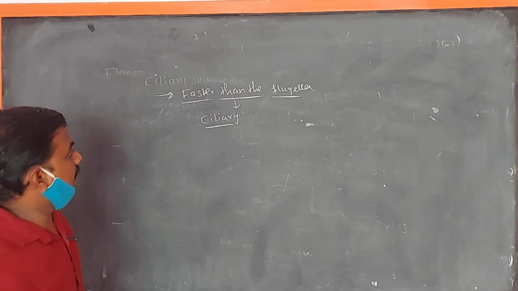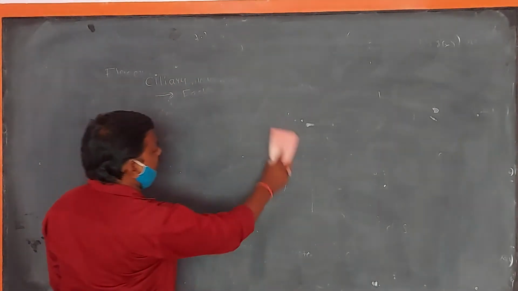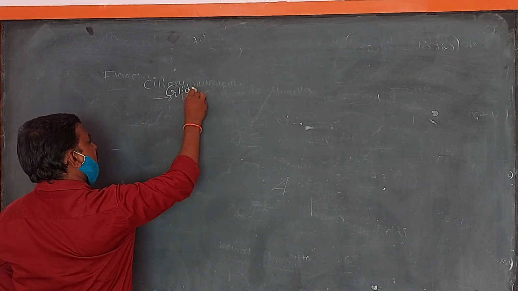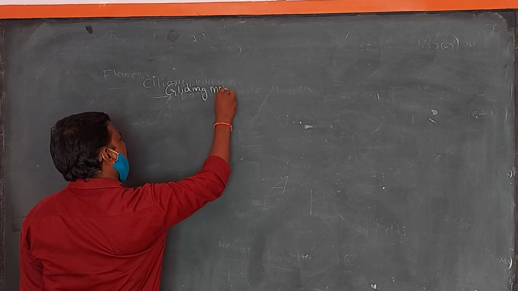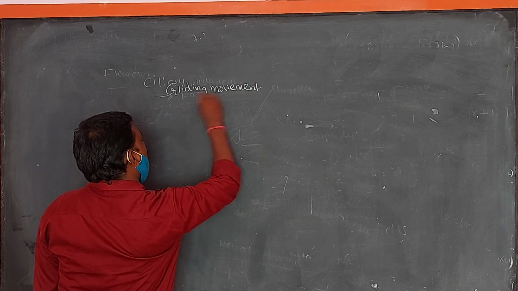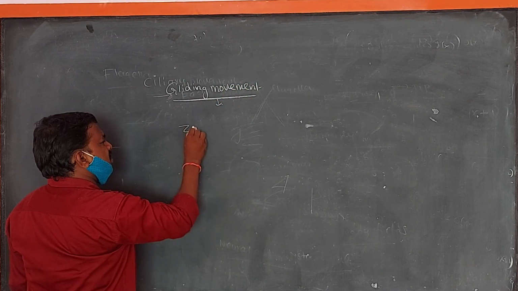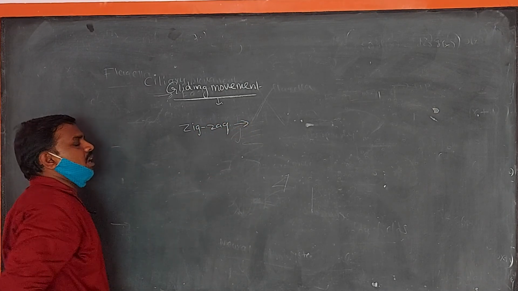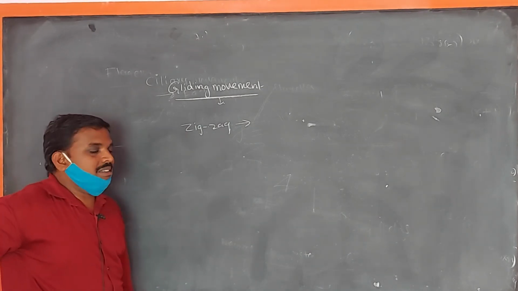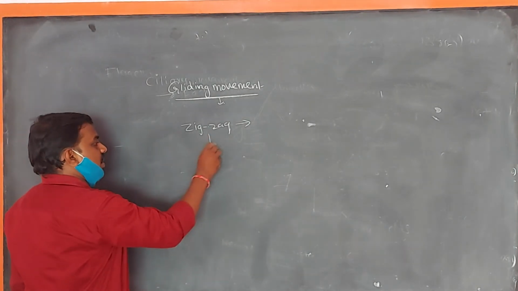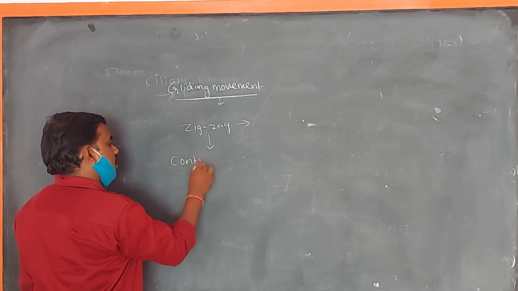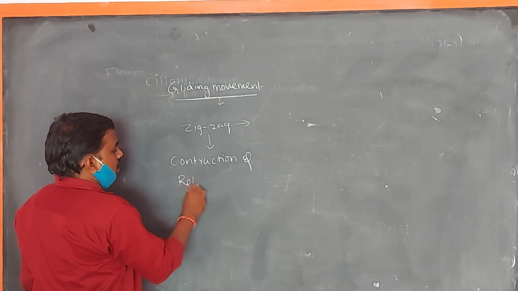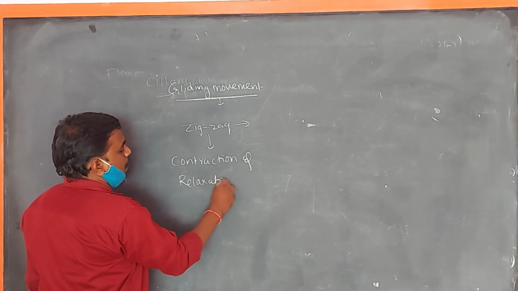Last one, the gliding movement. A small zigzag movement which is shown by the protozoan animals by the contraction and relaxation of the myonemes.